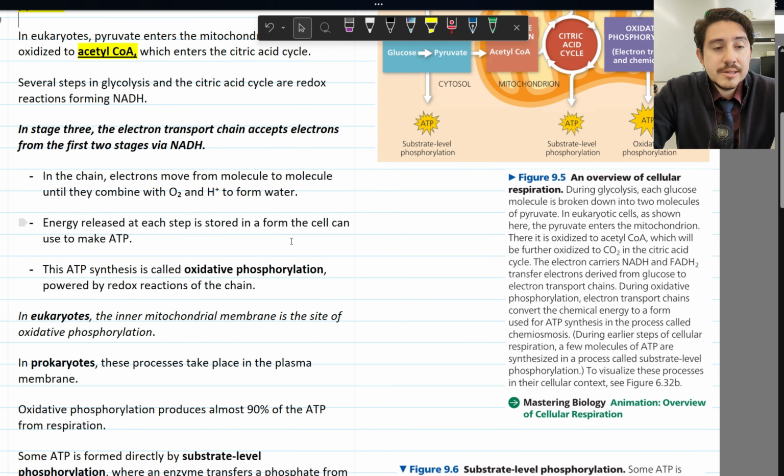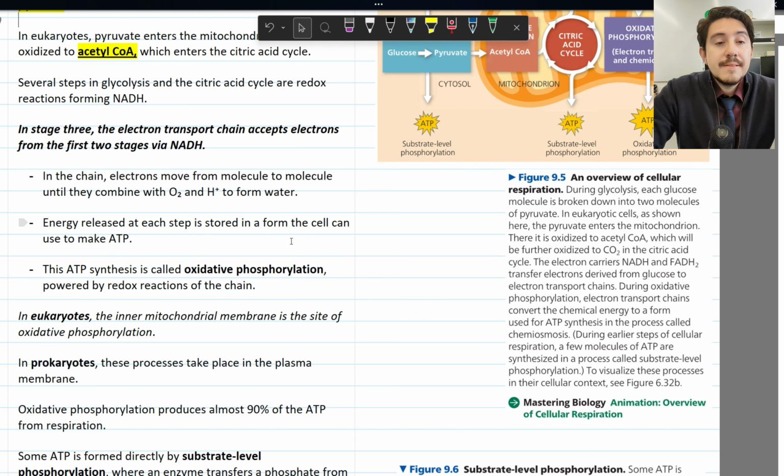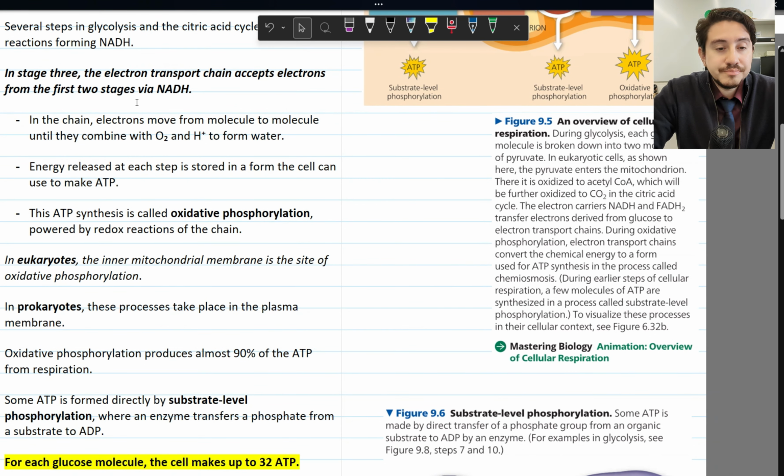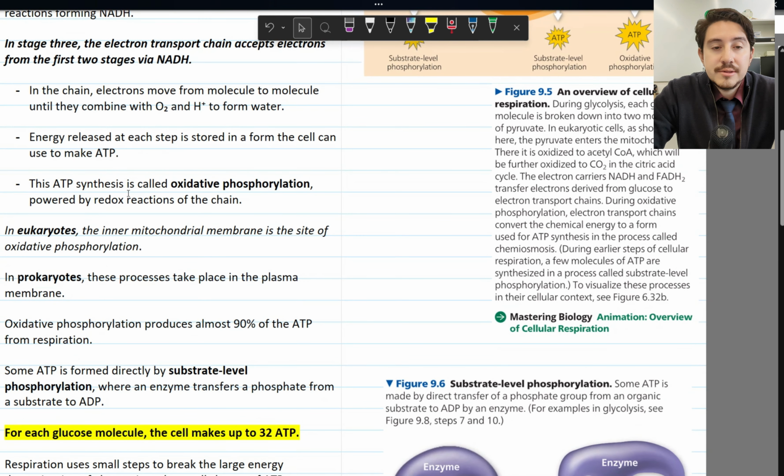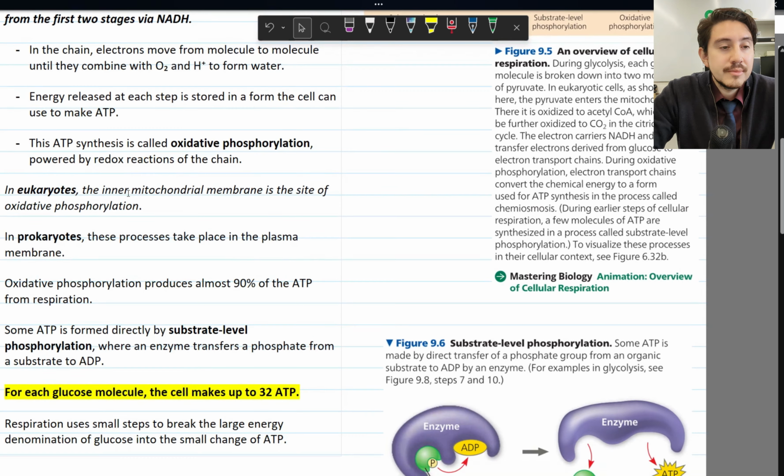In stage 3, the electron transport chain does accept electrons from the citric acid cycle and the previous stages, essentially where NADH is being formed, and it's accepting all those NADHs, collecting their electrons. As I mentioned before, with the electron transport chain, you want to have those electrons ultimately form water and extract all that energy as it's going down that cascade, that chain.